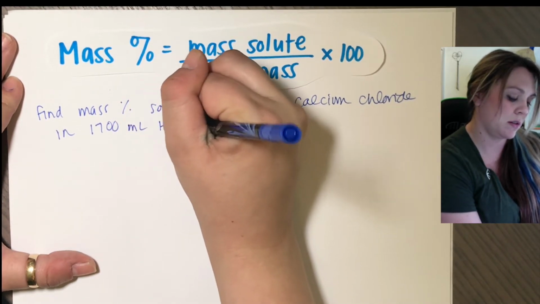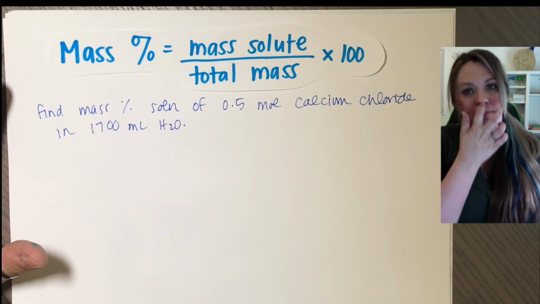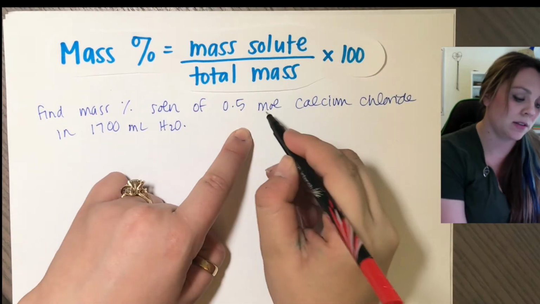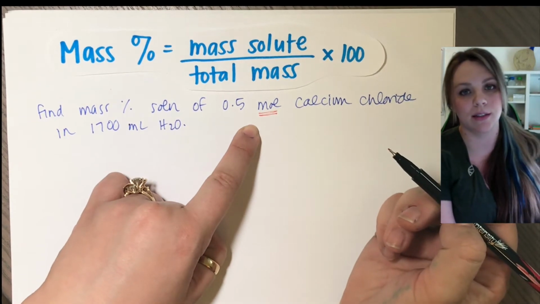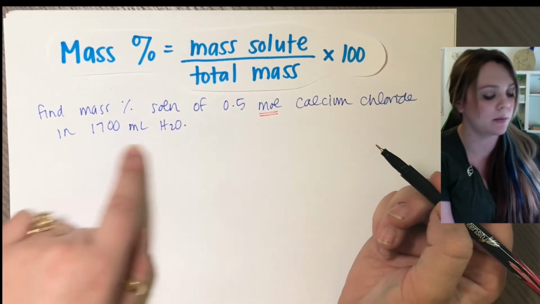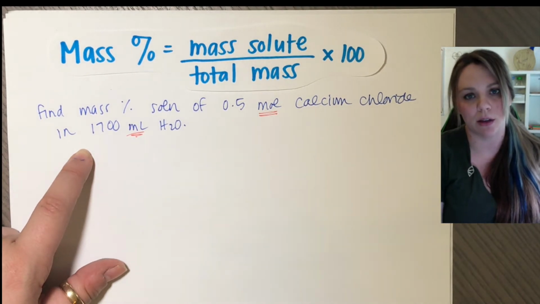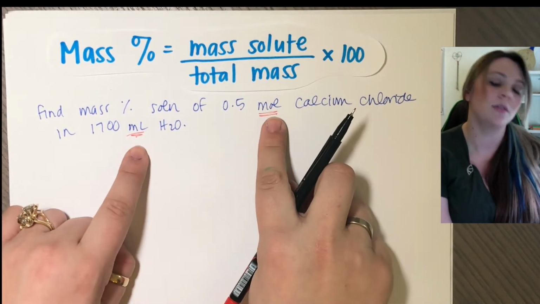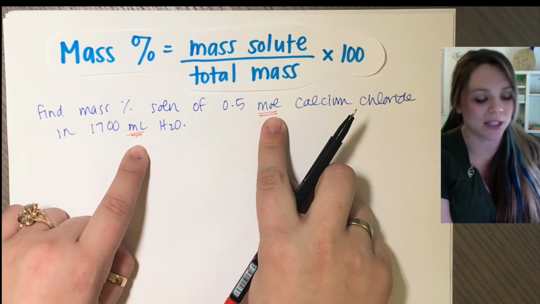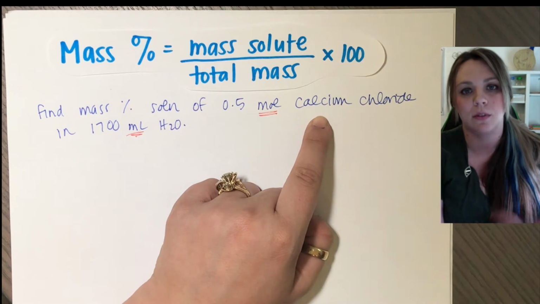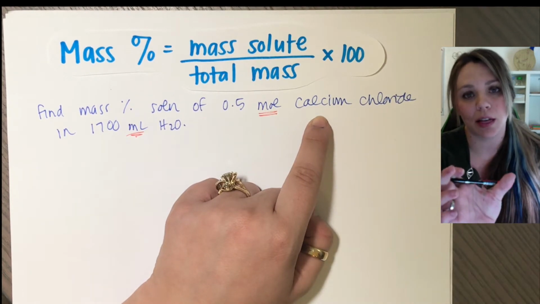milliliters of water. Okay, so right off the bat, hopefully we notice moles is not in a mass, it's not in grams, and milliliters is not in a mass, it's not in grams. So we have to do a little bit of converting. And also, it's giving you the name of the ionic compound.